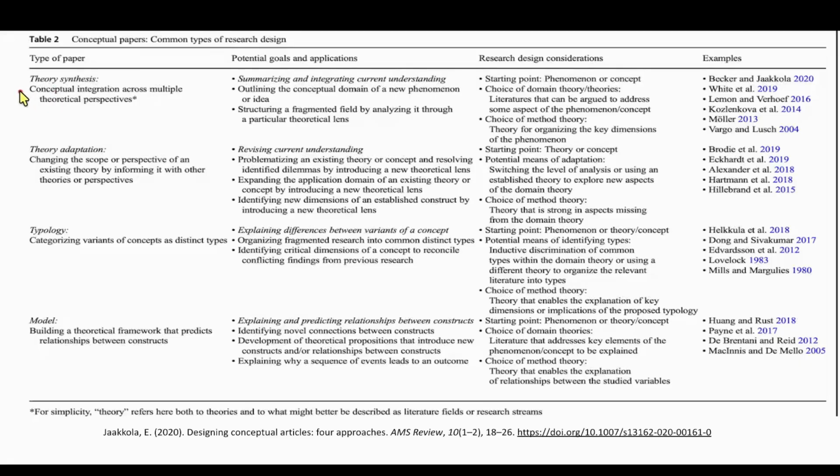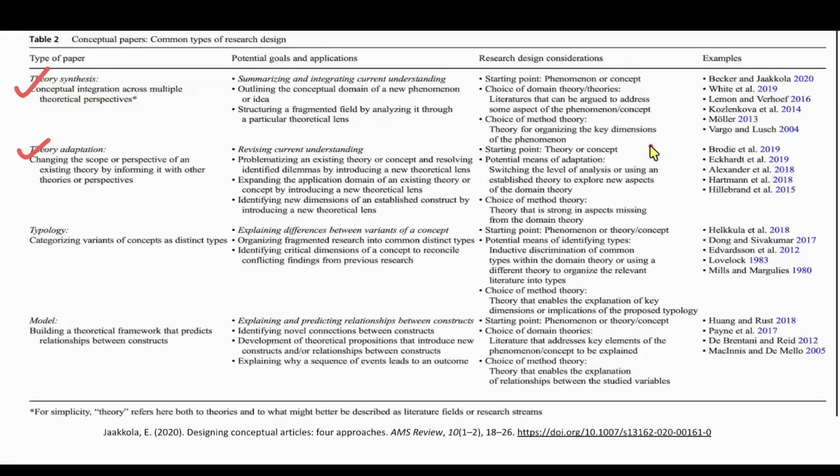Whether we are doing a theory synthesis. If it is a theory synthesis, we have to be very clear about the conceptual integration across multiple theoretical perspectives, and further how we are doing it. If it is a theory adaptation, again, how we are doing it?